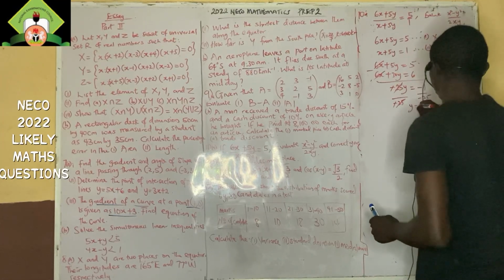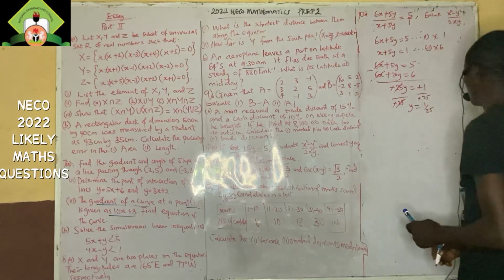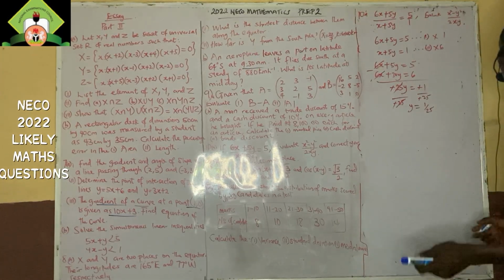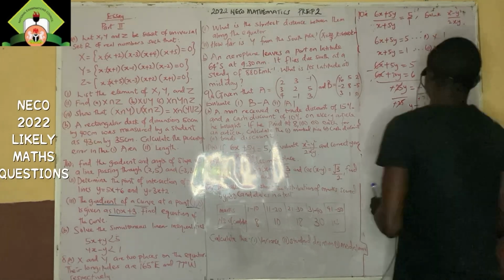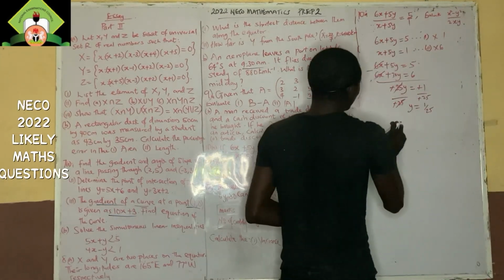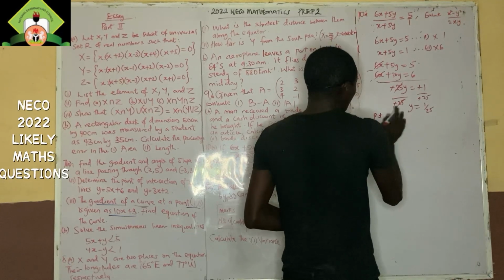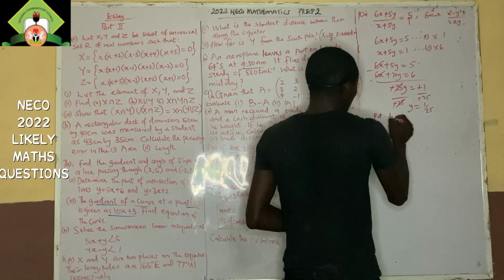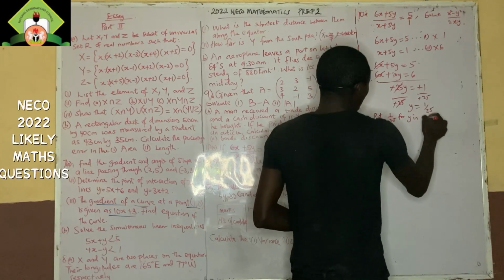You have y equal to 1 over 25, because minus will cancel minus. So if that is your y, now what is your x? You put 1 over 25 for y in equation 2.